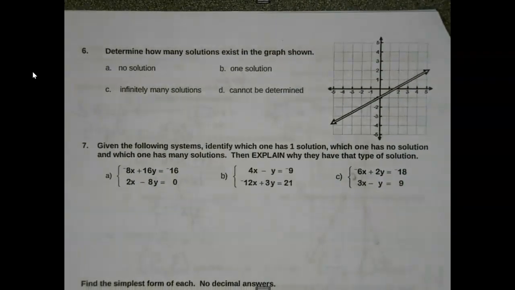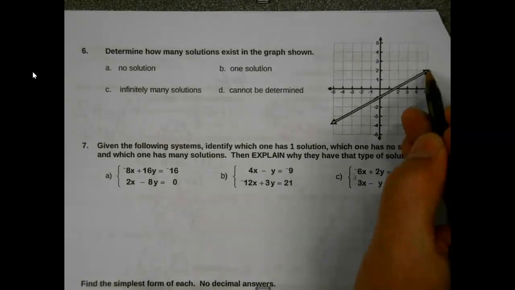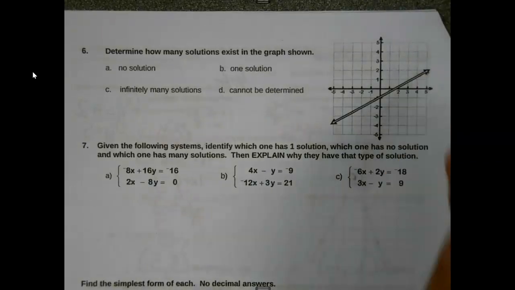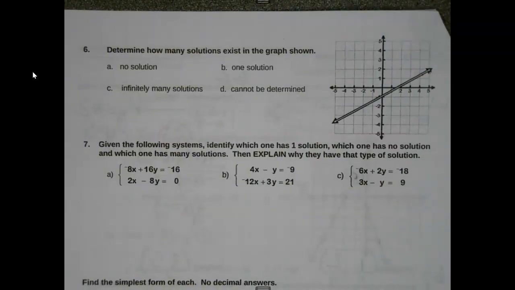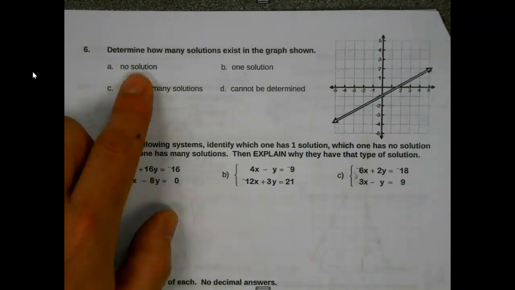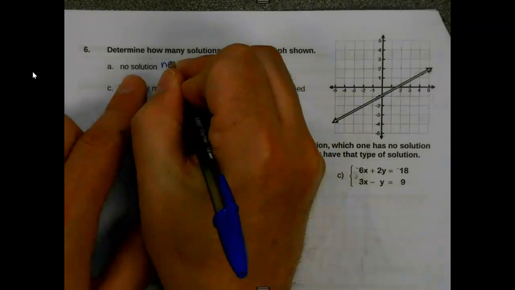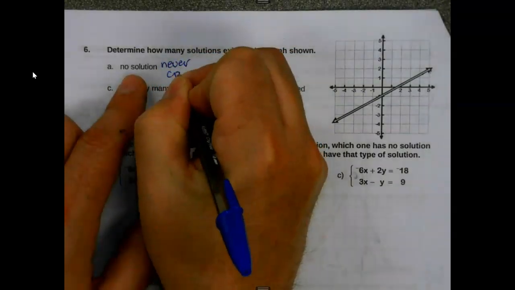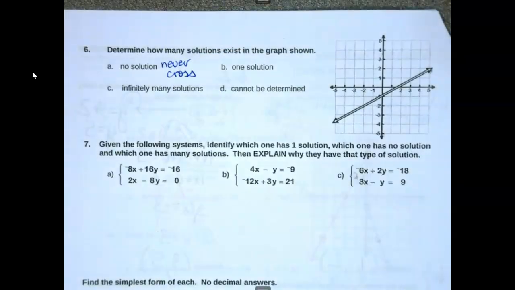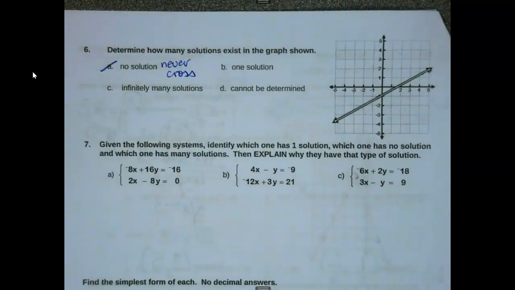Okay, how many solutions are there in the graph shown below? Well, let's see. You're like, wait, what is that? That is a black line in the back and a white line in the front. They are one and the same. No solution occurs when the lines never cross. Okay, that didn't happen here.